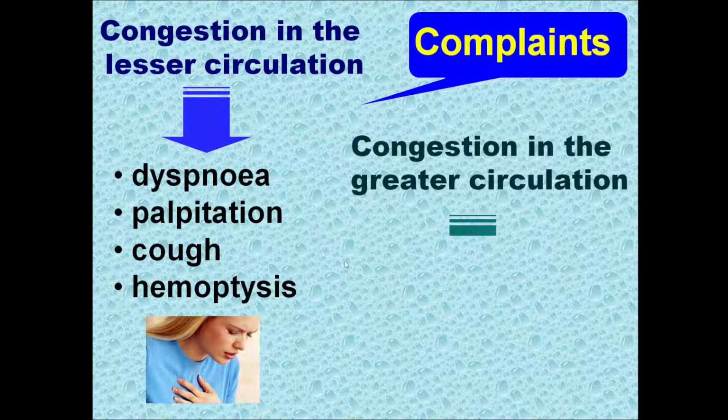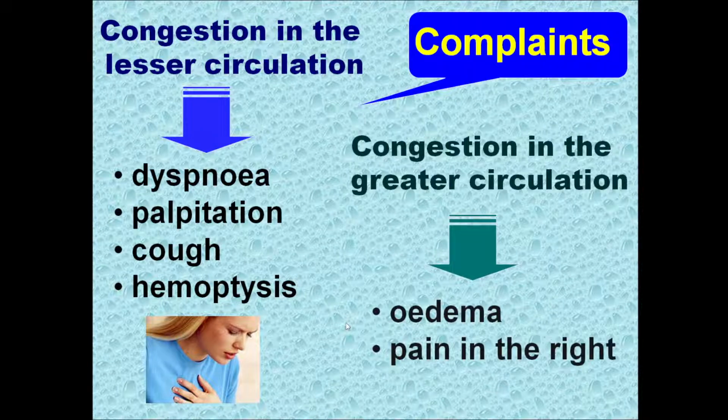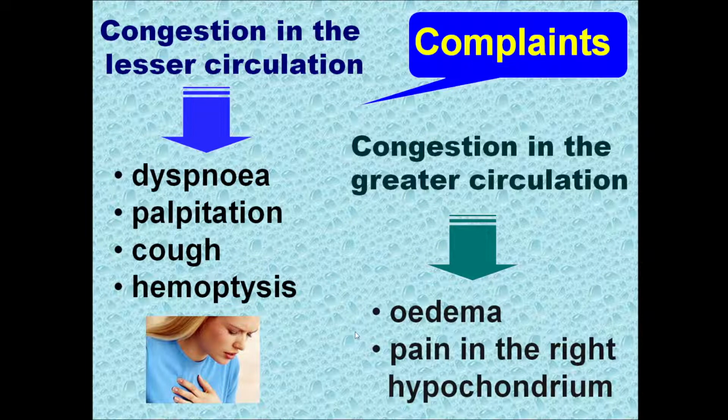Congestion in the greater circulation is manifested with edema, first of all on the lower extremities, and then discomfort and pain in the right hypochondrium due to distension of the liver due to delayed blood. If you were attentive in the last lecture, you easily understand the problem of the patient.